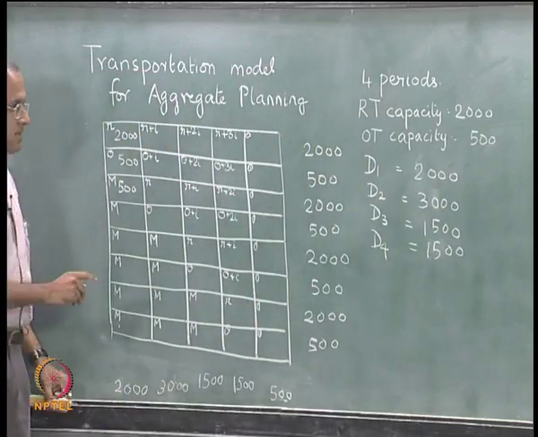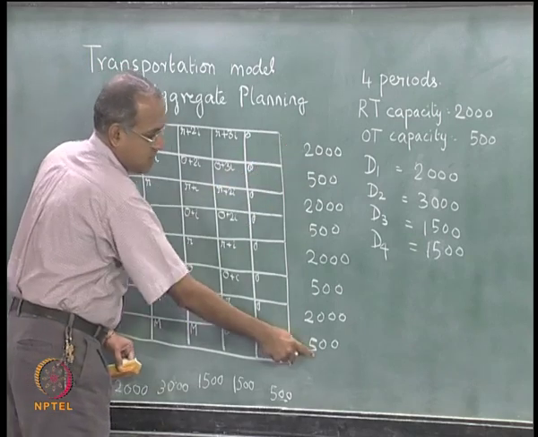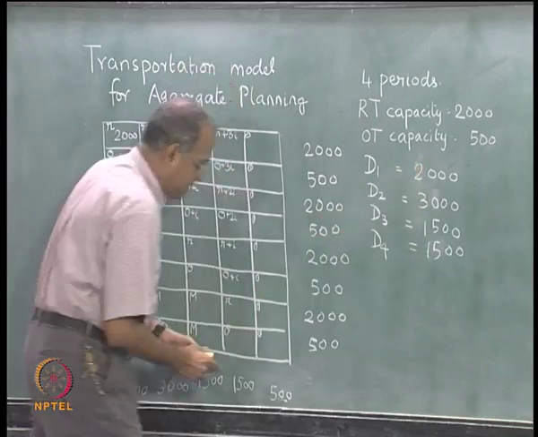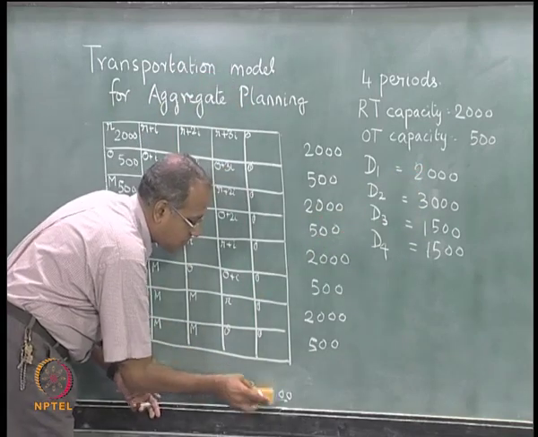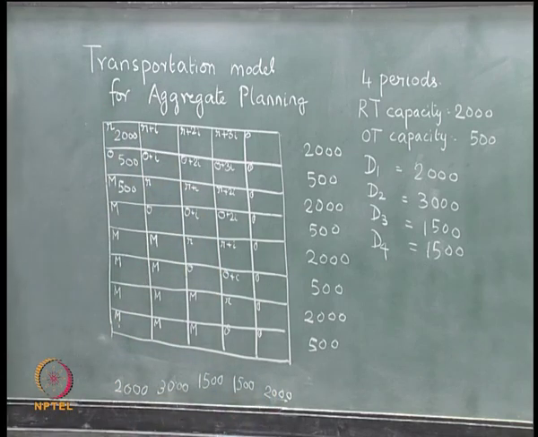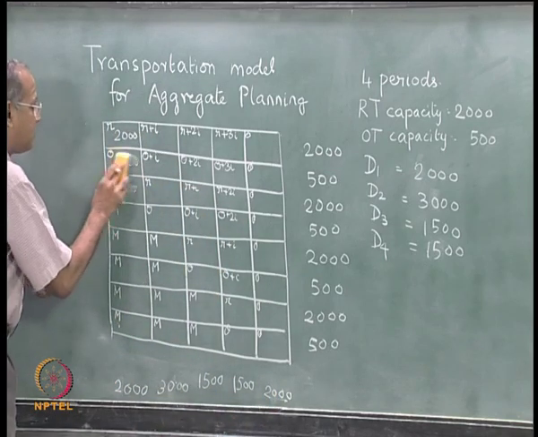So, now what happens is your total supply is 10,000, total demand is 3 plus 2, 5, plus 3, 8,000. So, the dummy becomes 2000. So, now we have balanced it.